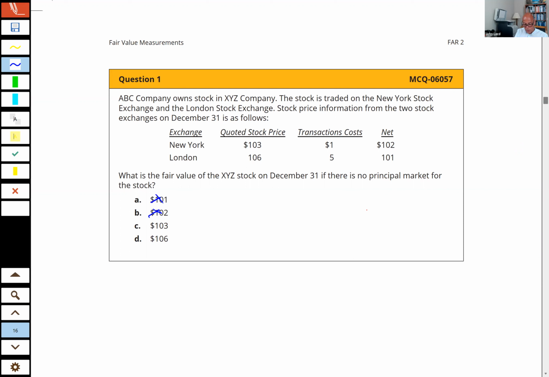Then we said that you use the principal market, but there was no principal market. So then you turn to the most advantageous market after considering the transaction cost. When we looked at that, we saw that New York had the most advantageous, but again, you do not net out the transaction cost when you report that. So you pick New York and you would report it at 103.